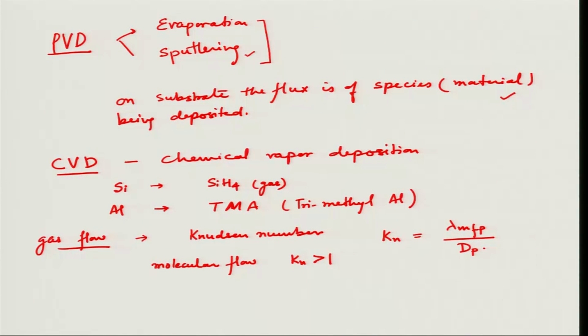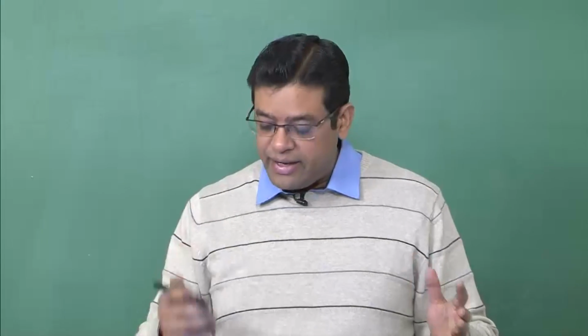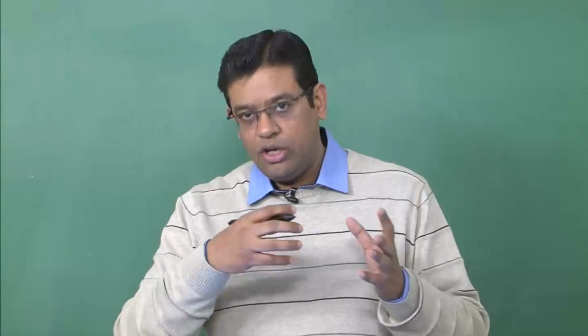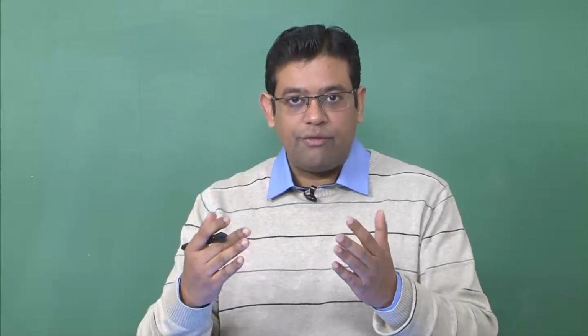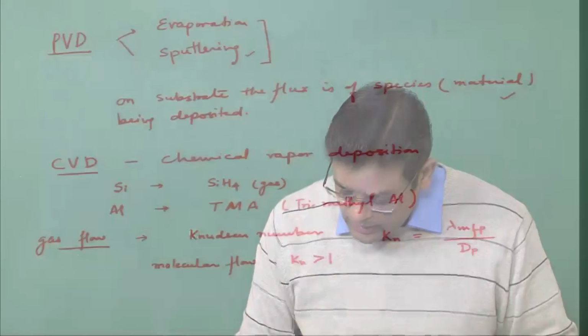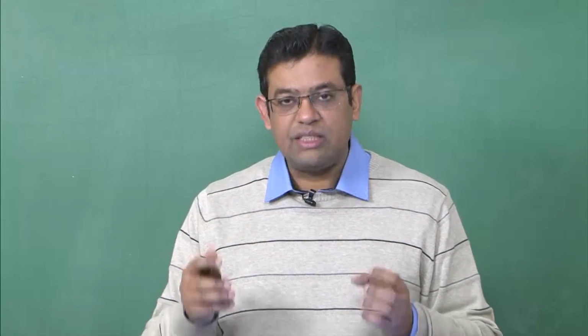What it means is that if the mean free path is larger, then the atoms or molecules in the gas are interacting with the walls of the chamber or your pipe rather than among themselves. And that flow is called molecular flow. On the other extreme is viscous flow, which has a Knudsen number less than 0.001, very small, which means that the gas pressure is high enough so that the mean free path lambda is very small.